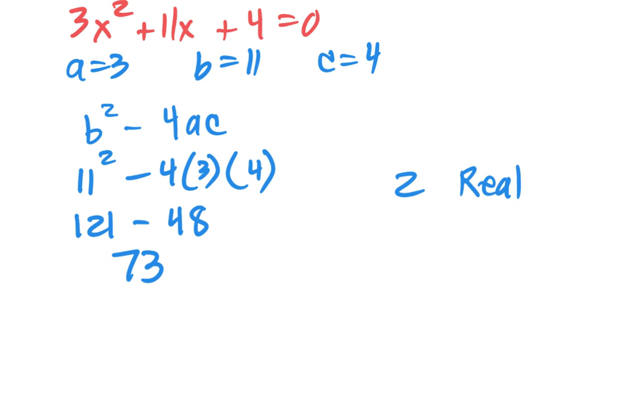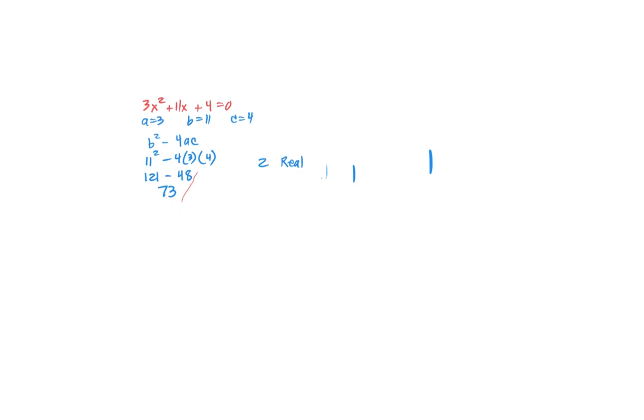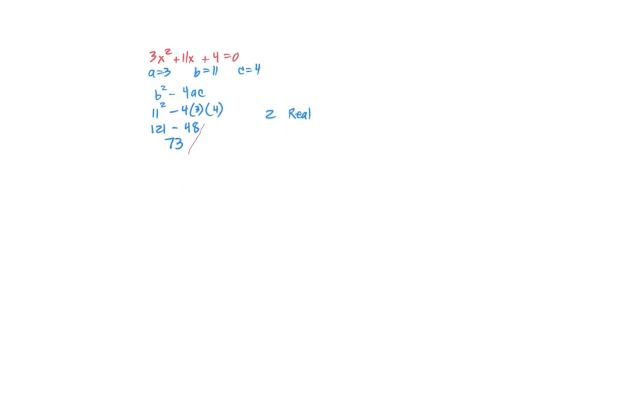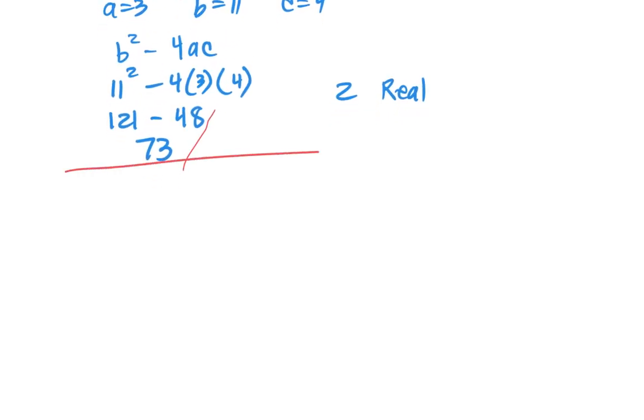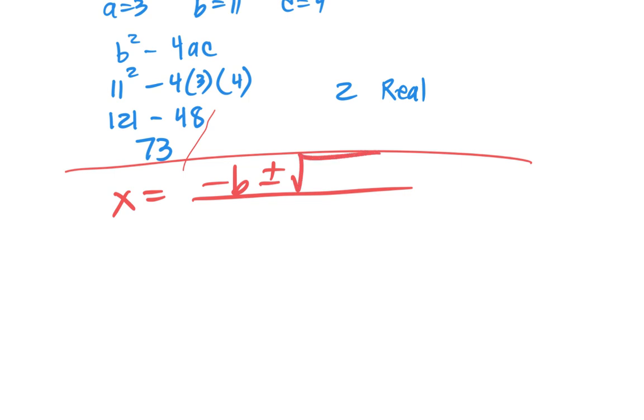Okay? So let's go back to our paper. Okay, so I know my discriminant is 73. So my formula, x equals negative b plus or minus the square root of b squared minus 4ac, which we've already calculated, over 2a.